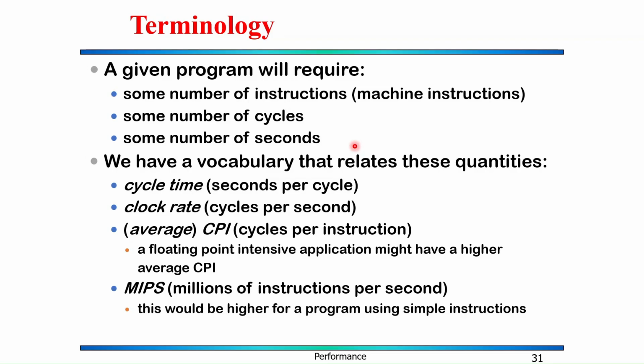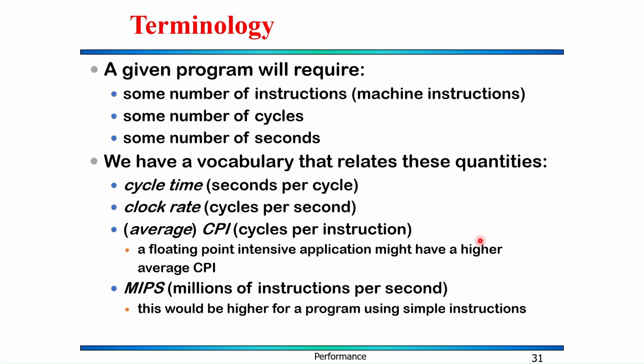Average CPI stands for cycles per instruction. This tells us on average how many cycles each instruction takes to execute. Different types of programs have different average CPI. For example, a floating point intensive application might have a higher average CPI because floating point operations take more cycles than simple integer operations. MIPS stands for millions of instructions per second.